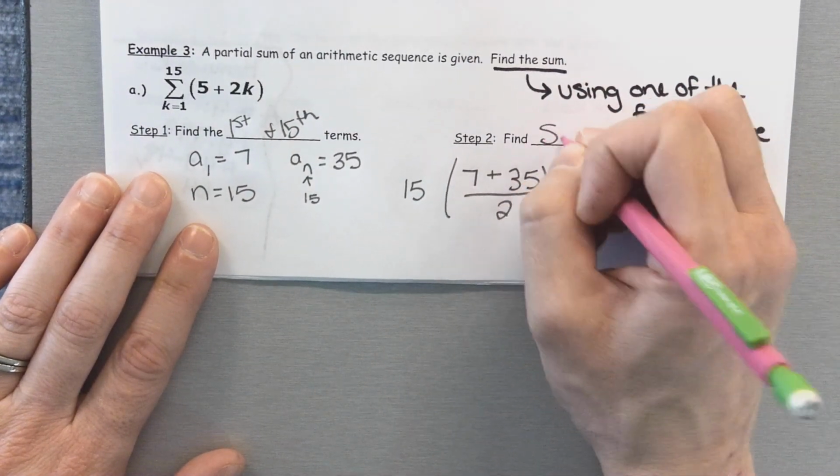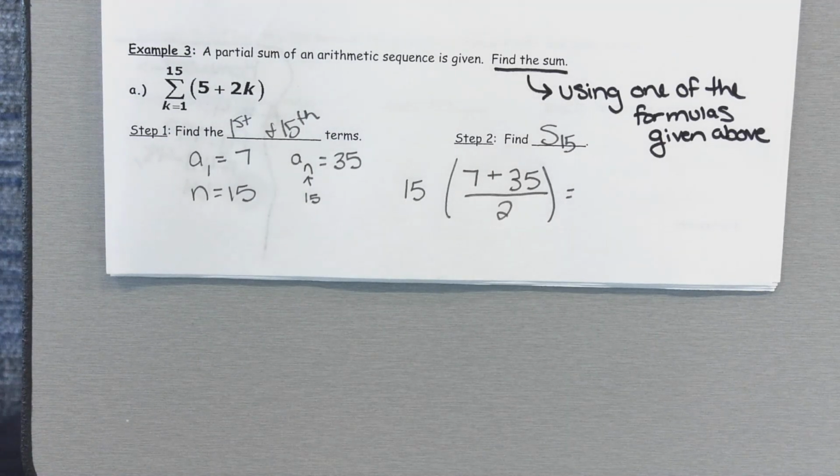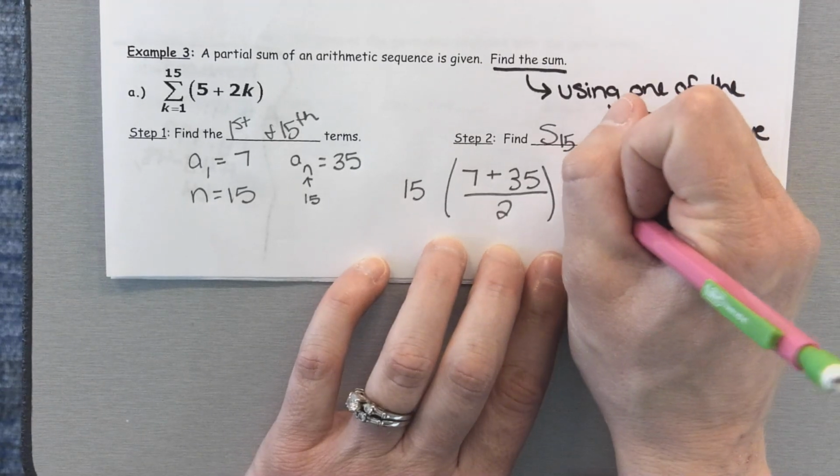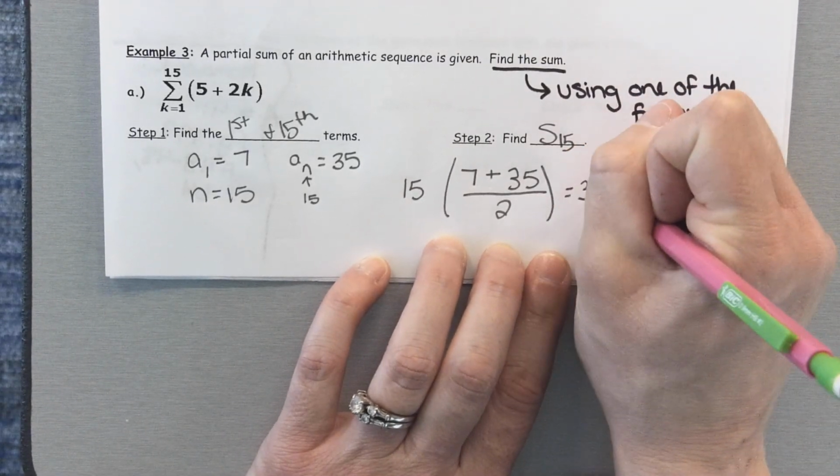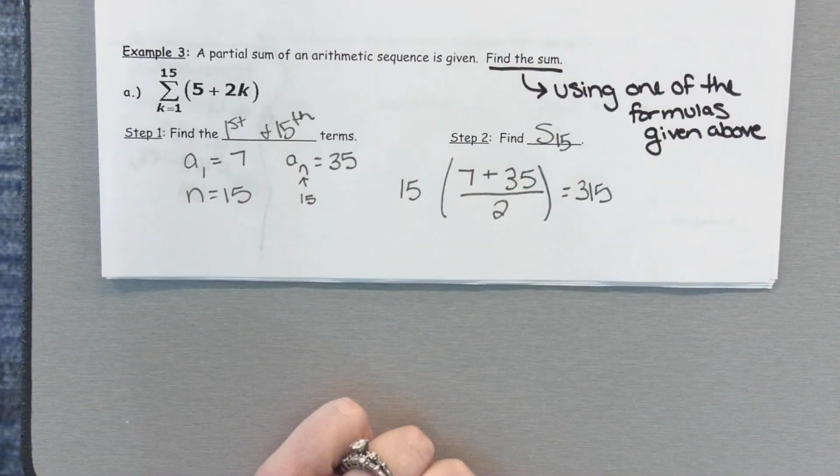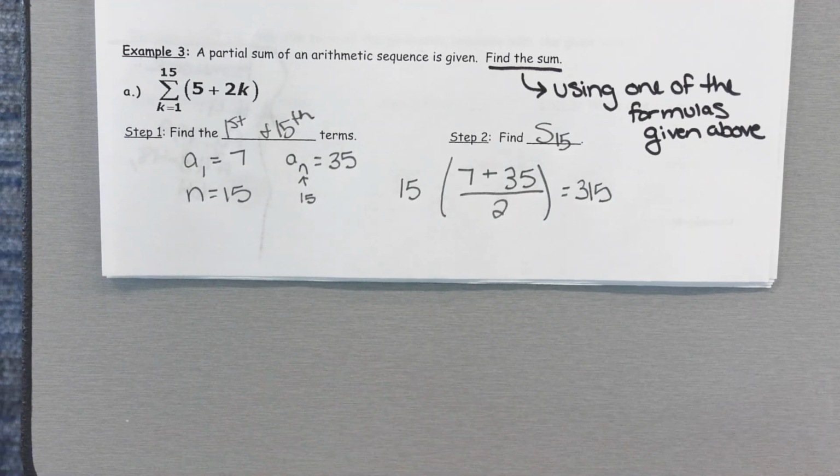And truly, overall, we are finding S sub 15, the partial sum of the first 15 terms. Okay, plug it in, make sure you're using your calculator correctly and putting parentheses in all the right spots. Look up here when you're done and make sure your answer is a match to my answer. And then when you're ready, you can turn the page.